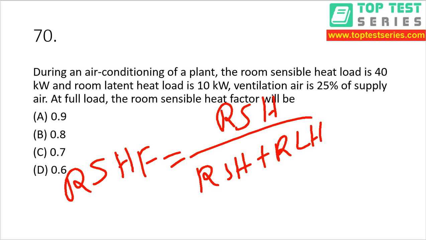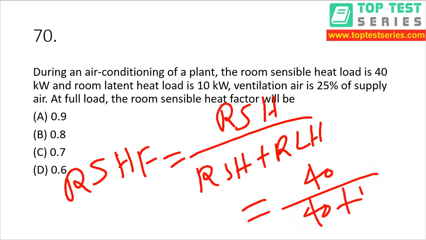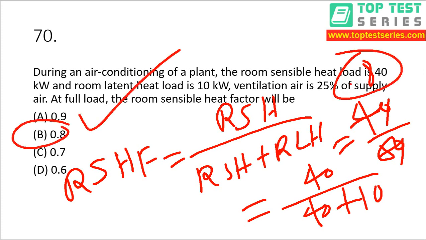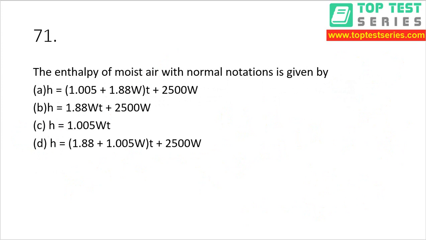If there is no phase change, we can sense the temperature, that means there is temperature difference, that is sensible heat. Always remember that. So room sensible heat 40, room latent heat 10. So 40 by 50, this cancels. So what is the value, my dear? 0.8. So answer for this question is what? Option B is the correct answer for this question.